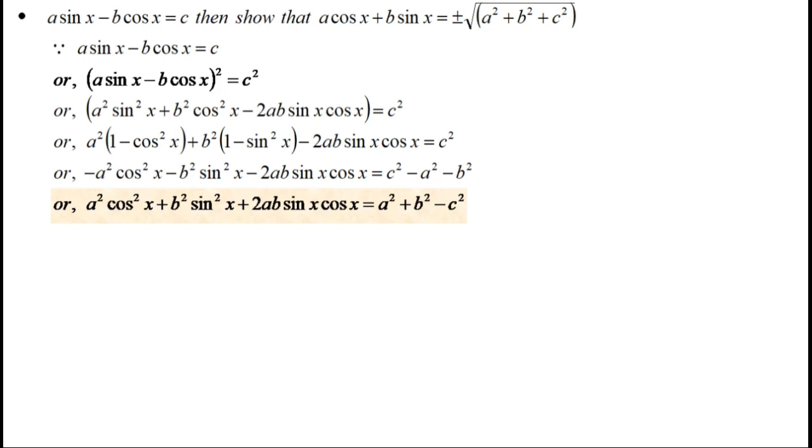Now a square cos square x plus b square sin square x plus 2ab sin x cos x is (a cos x plus b sin x) whole square. Then (a cos x plus b sin x) whole square equals a square plus b square minus c square.